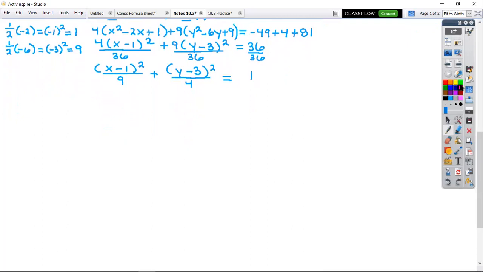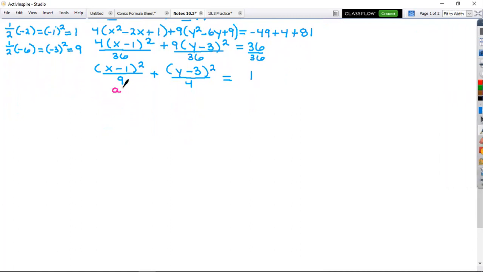So my bigger number is under the x. So that means my major axis is my x-axis. So this is a squared because it's bigger. So this is my major axis. So the major is going to be the x-axis.